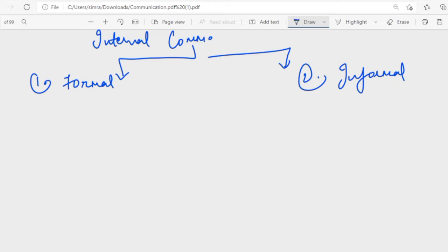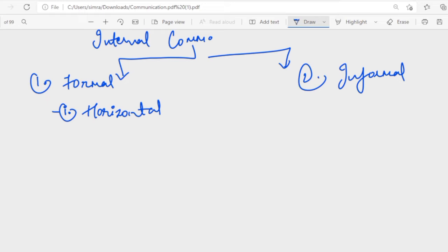So the first type in formal communication is horizontal. Which is the first type in formal communication? It is horizontal. Now, what do you mean by horizontal? When the communication is done between two managers, two team leaders, or two employees of same designation. For example, since you all are going to become assistant professors, we'll take the example of professors.